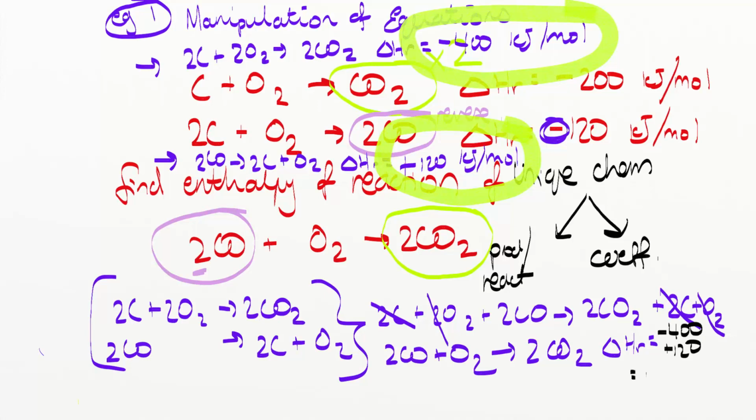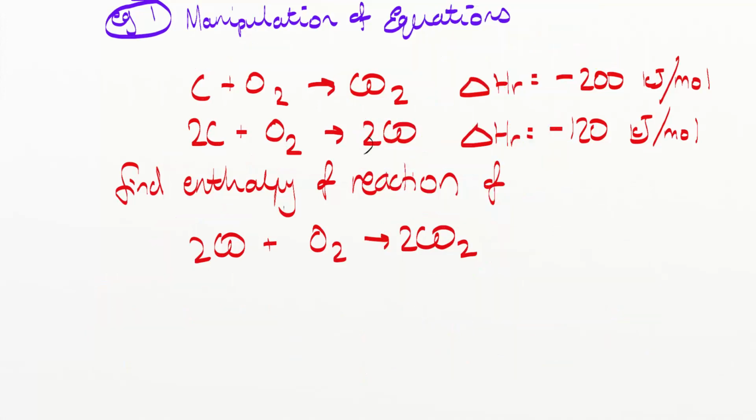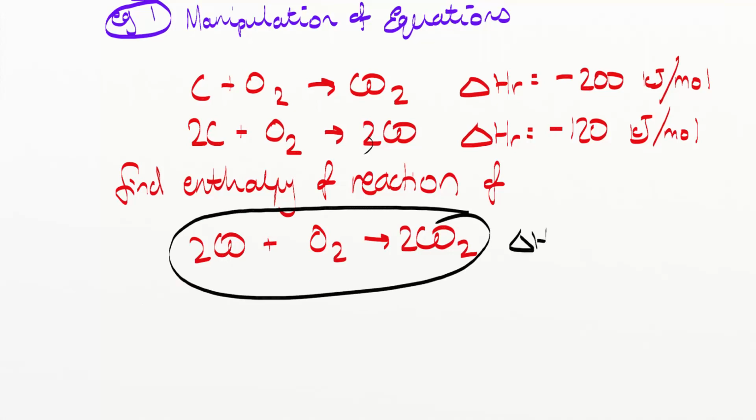That's going to give us negative 280 kilojoules per mole. Okay, and there we go. There's our final answer. The enthalpy of reaction of this final equation is delta HR equals negative 280 kilojoules per mole.